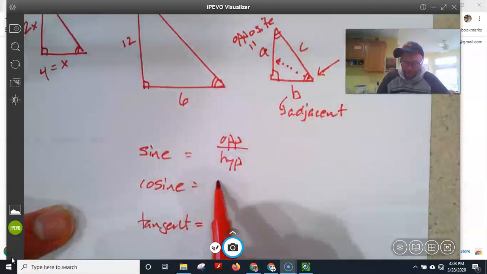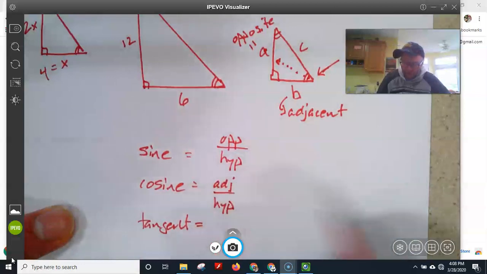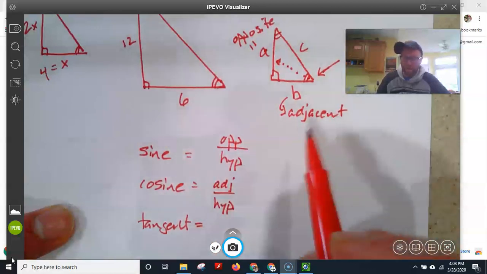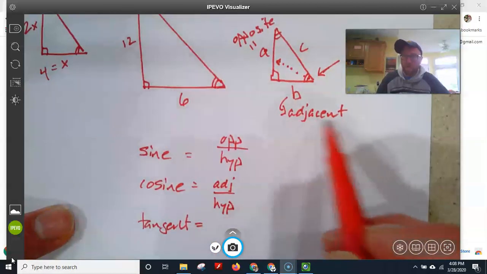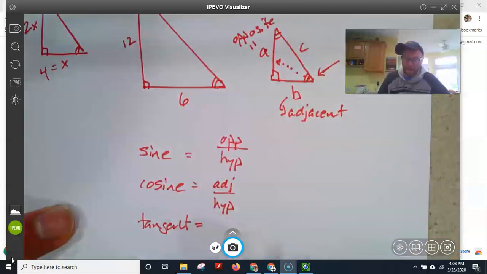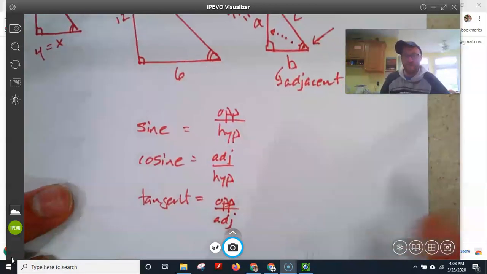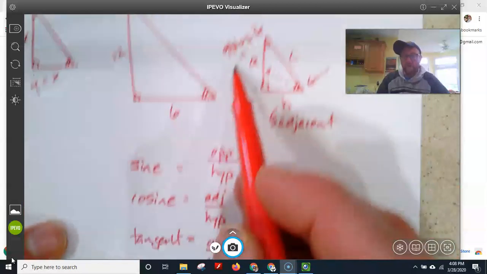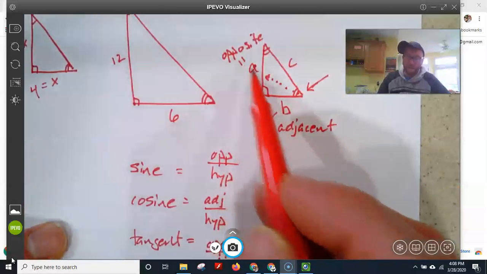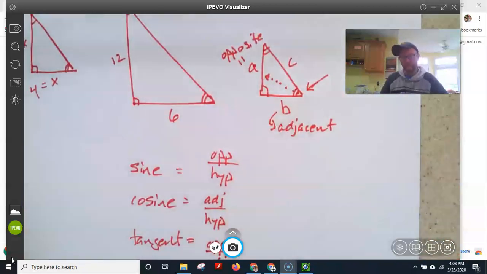And cosine is adjacent over hypotenuse. So cosine tells us what the relationship is between the length of the adjacent side and the hypotenuse. And tangent finally is opposite over adjacent, which tells us the relationship between the side opposite and the side adjacent.